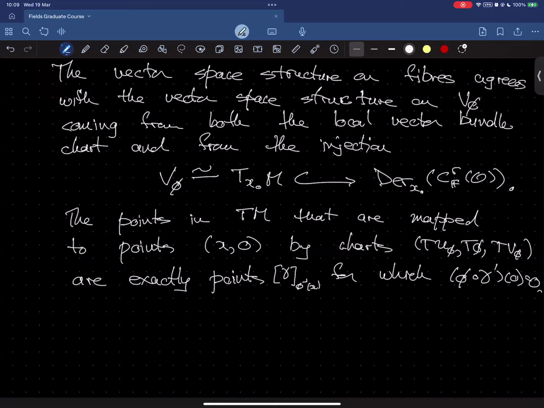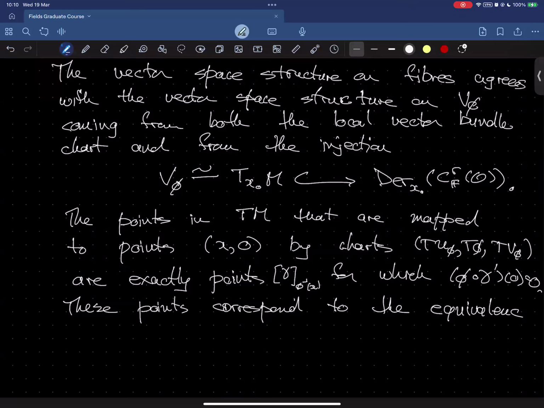Okay, so these points correspond to the equivalence classes of trivial curves. In other words, they're curves that just sit there.